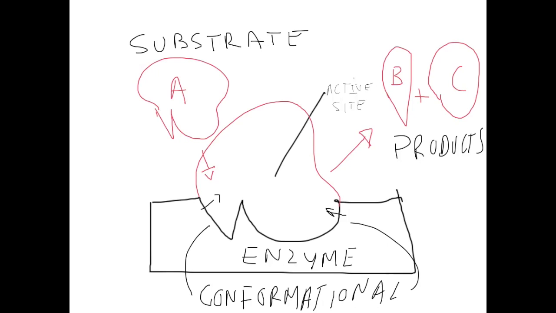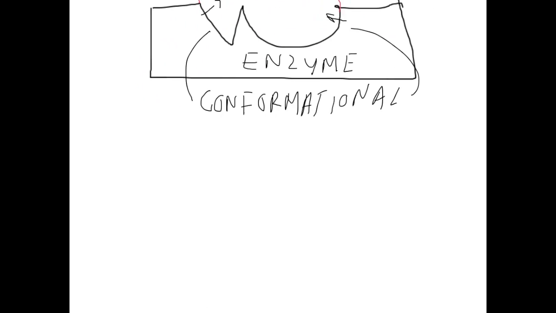Okay, so how does that enzyme actually catalyze the reaction? What is it actually doing? Well, it's making sure that the substrates, if there's more than one, are going to be in the correct orientation. It is then going to provide stress on the bonds of those molecules, making new bonds.